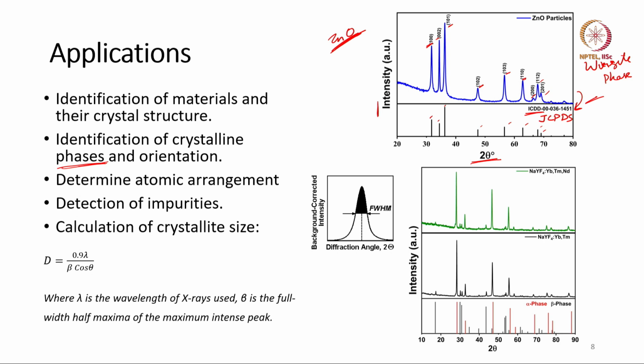Now coming to the example below, here is an example of upconversion nanomaterials, which we call UCNPs for short. We have NaYF4 material, and we dope it with ytterbium, thulium and neodymium. The spectrum here is of Yb-Tm doped, and the spectrum here is of Yb-Tm-Nd.